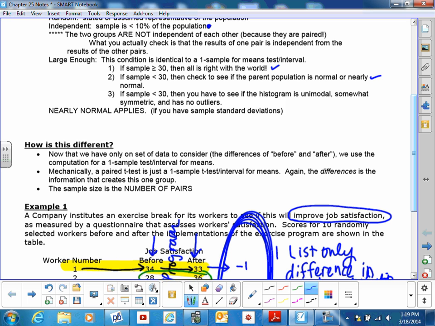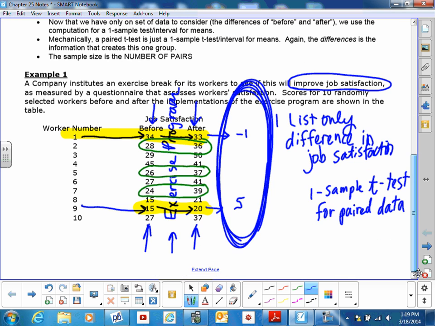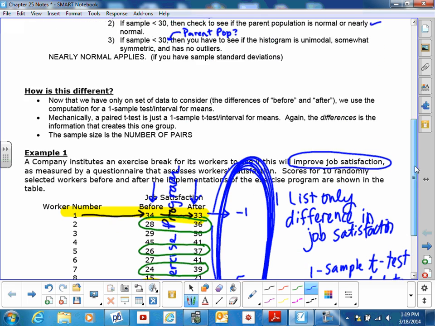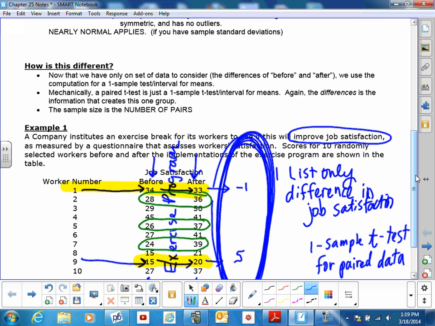But if it is less than 30 and we don't know about the parent population's qualities, then that's when we make our histogram, and we are making one histogram of what information? This list of differences. One histogram of this list of differences. Okay, so then we have our nearly normal model applies for the differences.